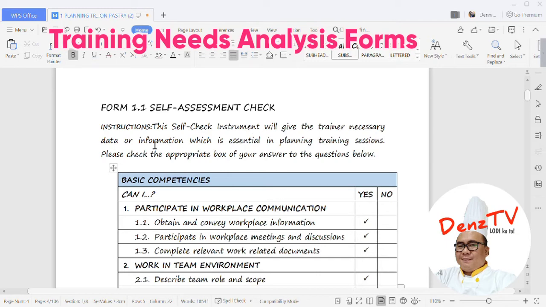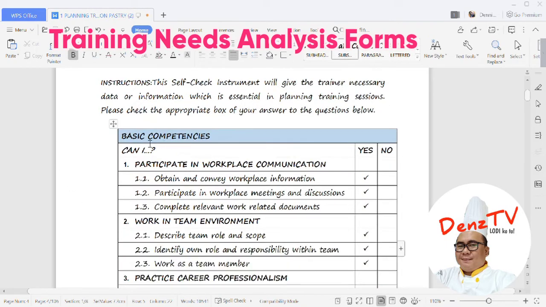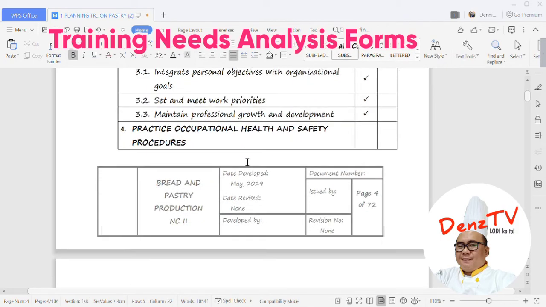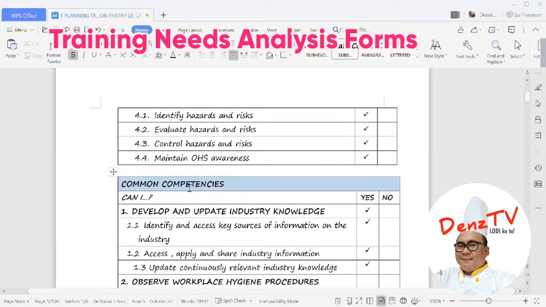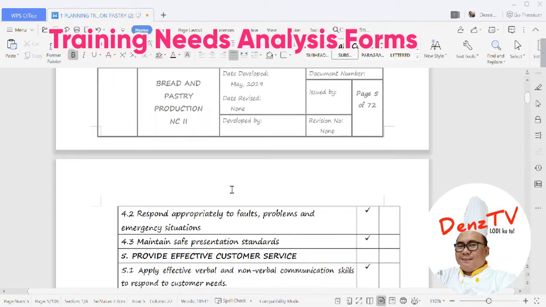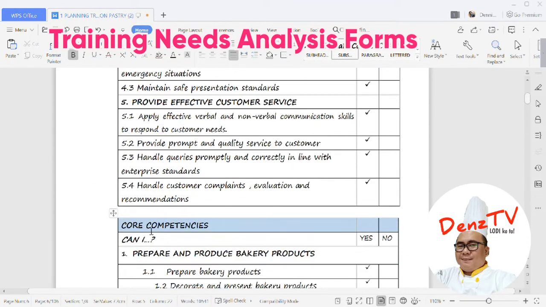First of all, you have to add instructions for them to have a better understanding of what to do. We have our basic competencies, common competencies, and core competencies.